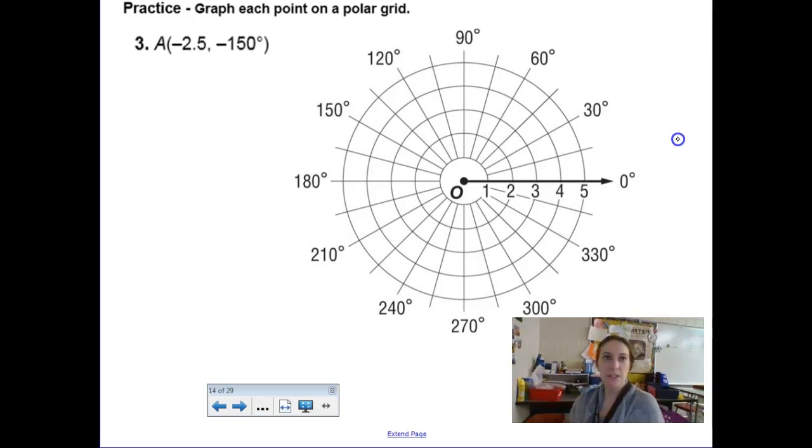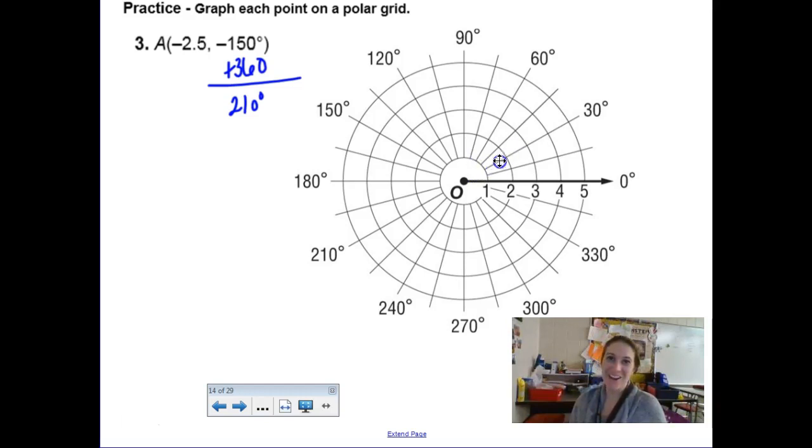All right, this one, negative 150. Degree measures probably don't bother you as much, but if it does, you can find the coterminal by adding 360, and then that is 210 degrees, right? So 210 degrees would be right there. They want r, okay, so instead of going out this side of our terminal side, because it's negative 2.5, you have to back up.